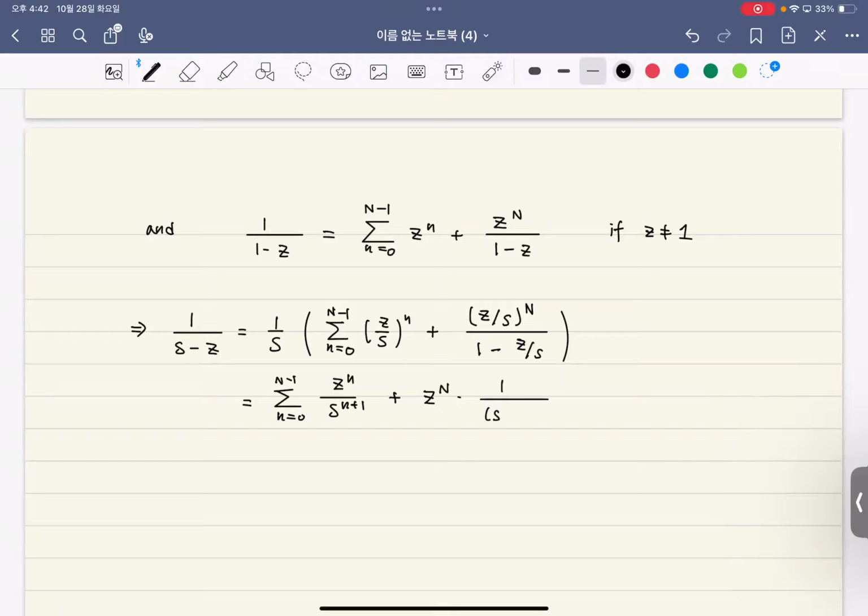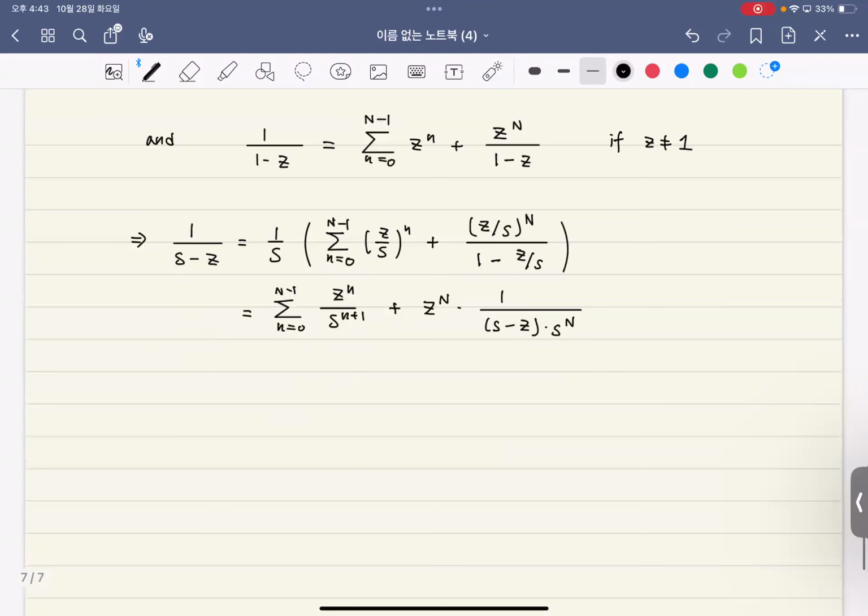If I multiply s into this denominator, I restore s minus z, and everything over s^n. Okay, good.